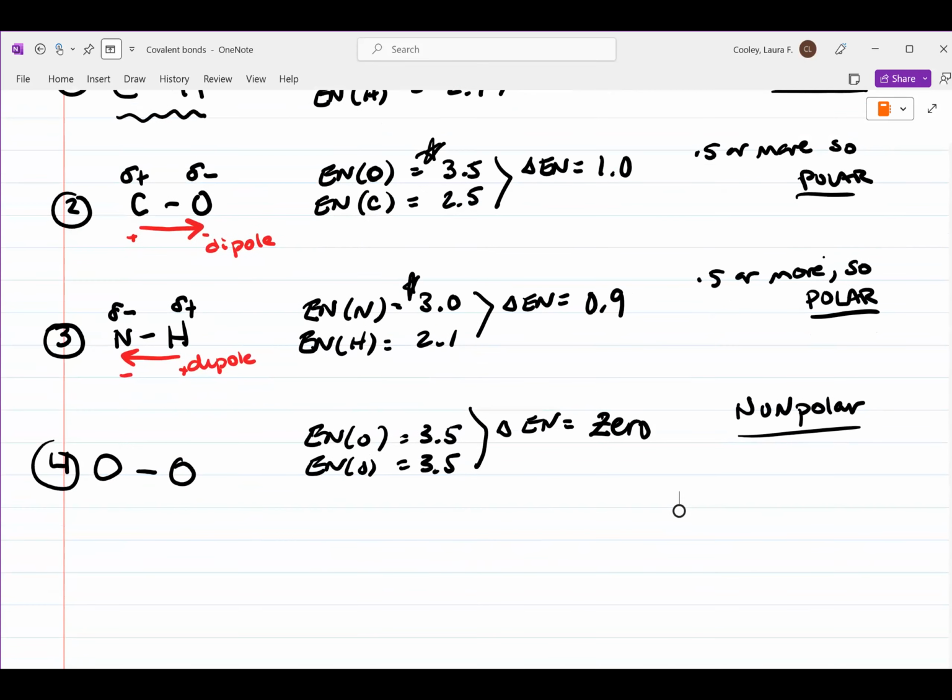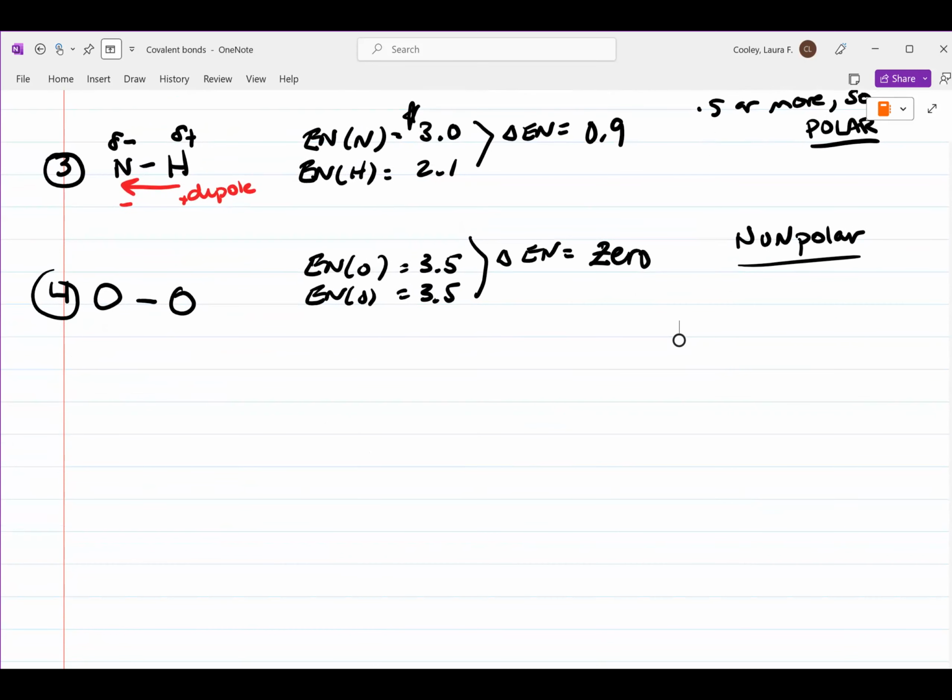All right, so I want to just tell you a little bit about covalent bonds. These covalent bonds occur between two nonmetal atoms, although you can also have metalloid.